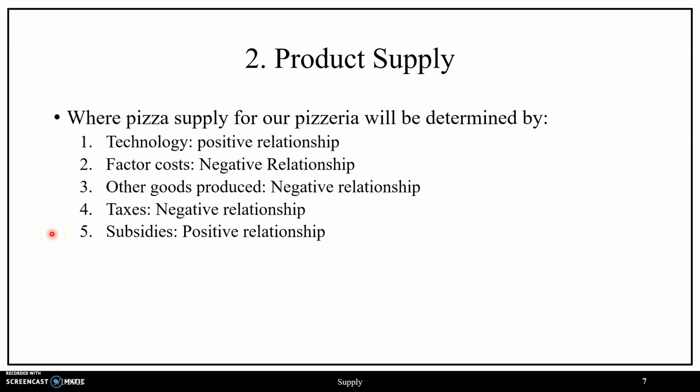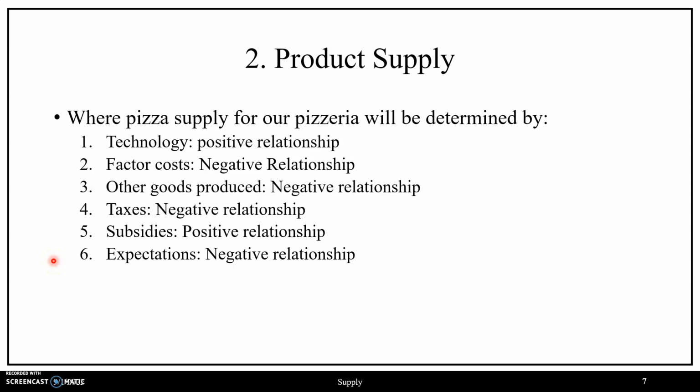Furthermore, we have the opposite of taxes, which is subsidies. Sometimes the government steps in and helps firms, where if subsidies increase, this is going to make it cheaper for firms to operate, where holding all other factors equal, we'd expect them to increase the amount of pizzas being sold, so a positive relationship between subsidies and what's being supplied.